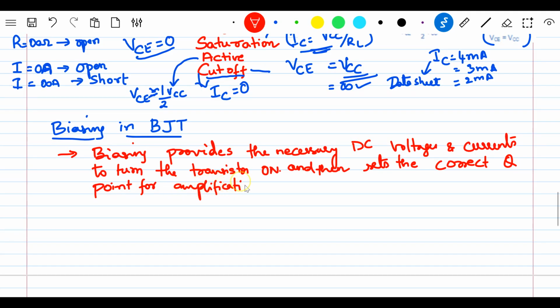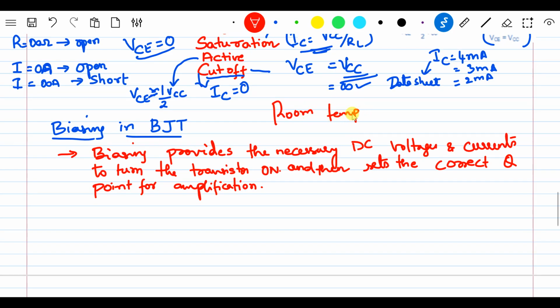One thing I need to tell you, the BJT behavior, the transistor behavior, will also vary with an increase in temperature. For example, your transistor will be facing room temperature.